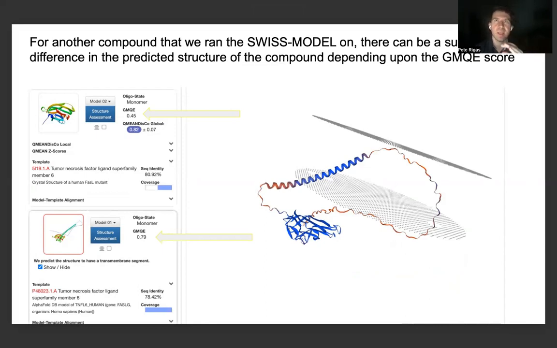What's interesting, and what we have to keep in mind when we're looking at how the GMQE score and the sequence identity work together so that we can obtain a good three-dimensional representation of our compound, is that we can look at the GMQE score, which is 0.45, with approximately 81% sequence identity, and how even though this compound from the homology model that we generated with the Swiss model has a higher sequence identity than this other model that's listed below, which is a little above 78% sequence identity, the GMQE score, which is a perceptron-based score, is a lot higher in this case.